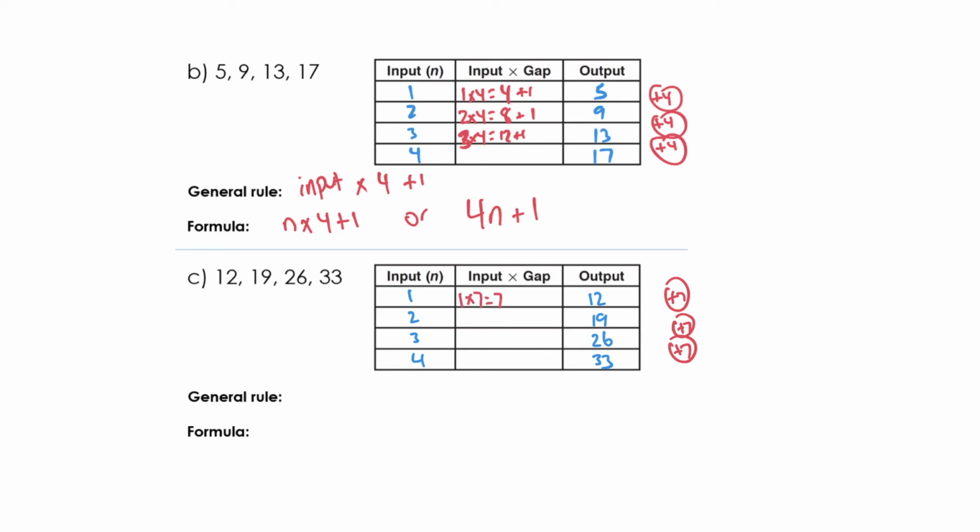And to get from 7 to 12, you must add 5. 2 times 7, 14 plus 5 is 19. 3 times 7 is 21, plus 5 is 26. 4 times 7 is 28, plus 5 is 33. So it would be input times 7 plus 5. The formula, n times 7 plus 5, or 7n plus 5.